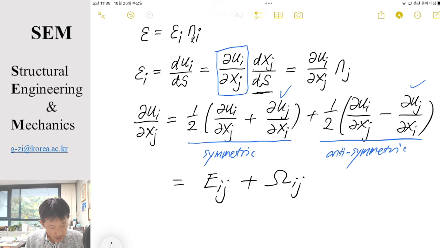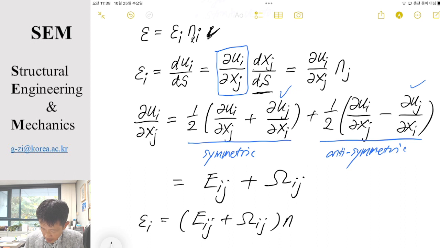And then the strain vector can be represented by the symmetric part of the tensor plus the anti-symmetric part, and then the dot product with its direction, nj direction. Okay, that's how we can obtain this.